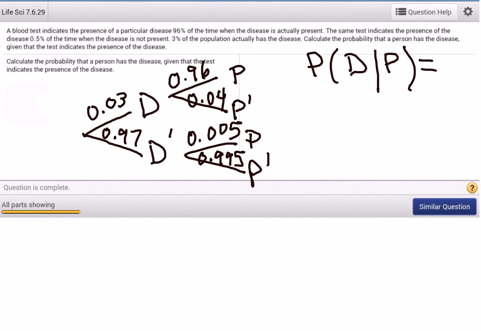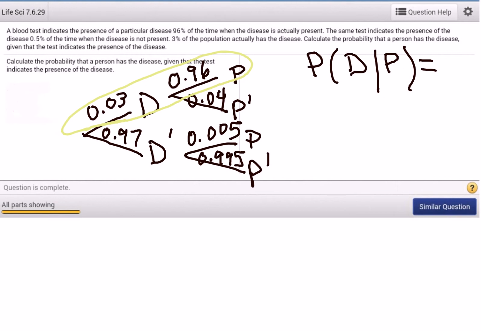So here's our tree that we have set up, and I'm looking for the probability that they actually have the disease given the test says it is present. So we're going to be looking at two of these different branches. The one we want is the probability that they have the disease and the test indicates that they have the disease.